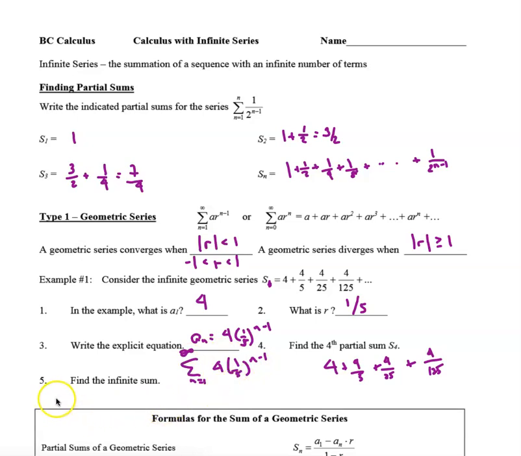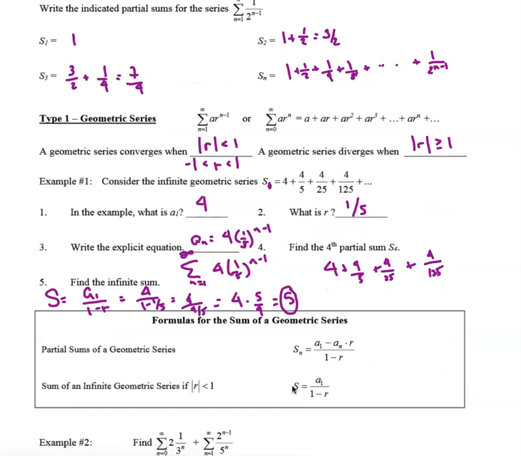Don't forget or recall from Algebra 2 and then from pre-calculus that the infinite sum of a geometric series is your first term divided by 1 minus your common ratio, which in this case is your first term of 4 divided by 1 minus 1 over 5. So that is 4 divided by 4 over 5, which is the same thing as 4 times 5 over 4, which is 5. That is the infinite sum of this geometric series.